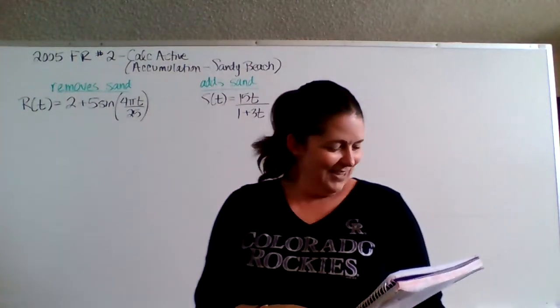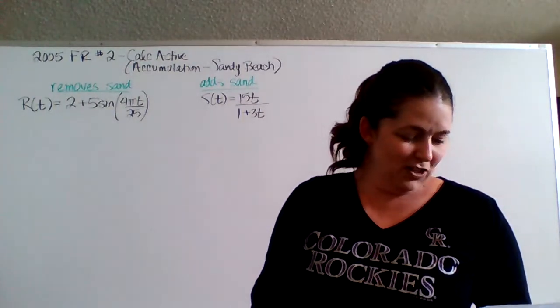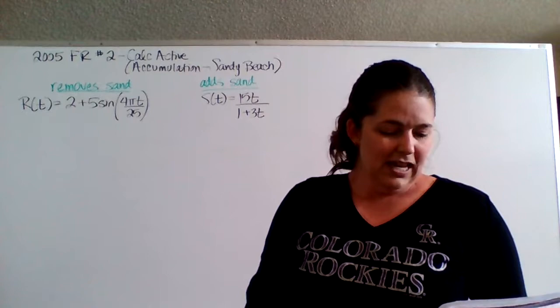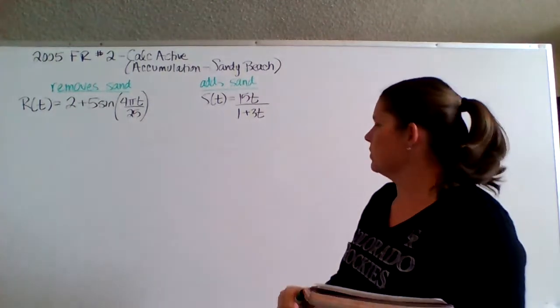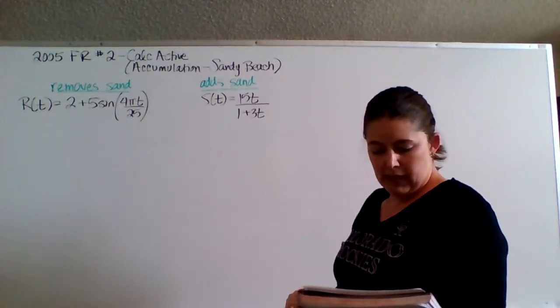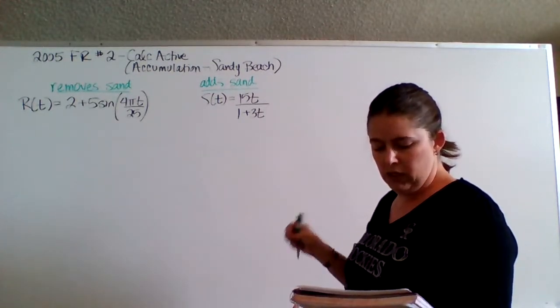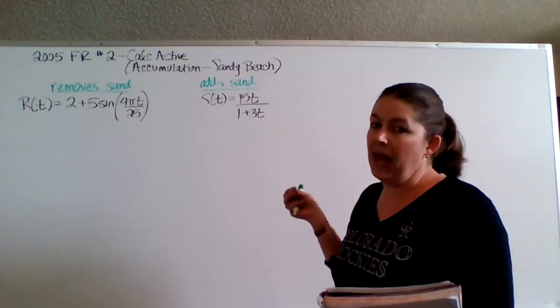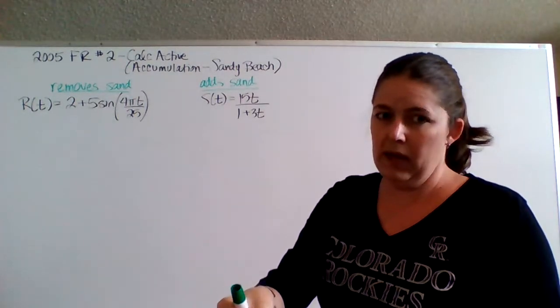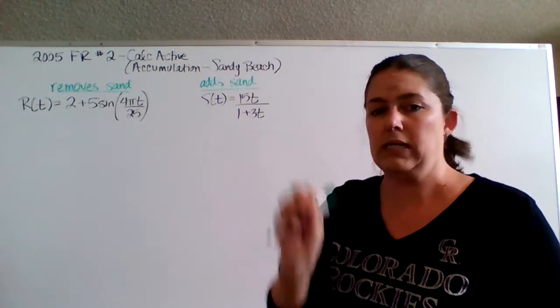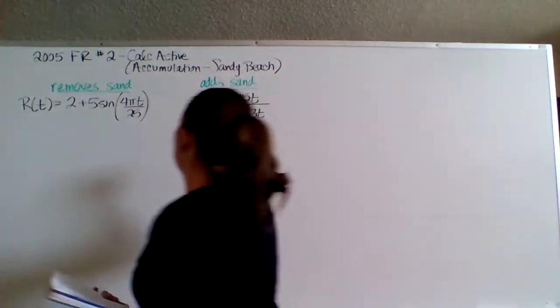The pumping station adds sand to the beach at a rate modeled by the function s, and the function s is given by s of t equals 15t over 1 plus 3t. Then we keep reading, and it says both r of t and s of t have units of cubic yards per hour. So that already should have given it away, even if they didn't specifically say this is a rate, that it would be a rate of change, right?